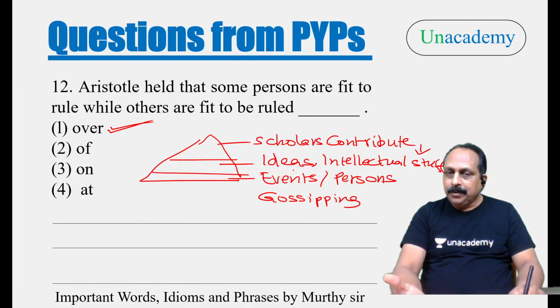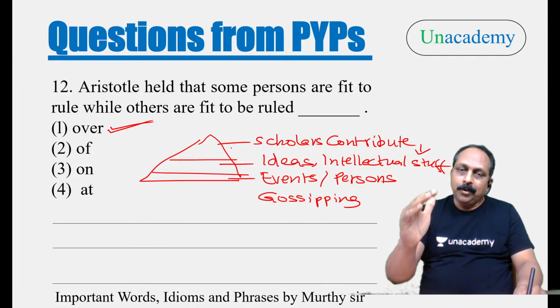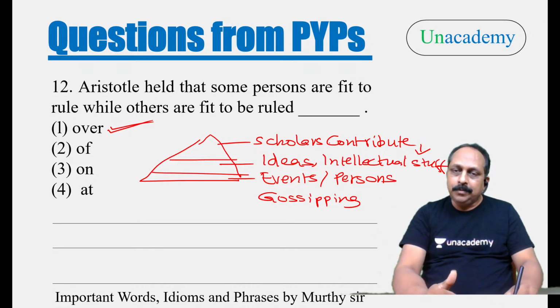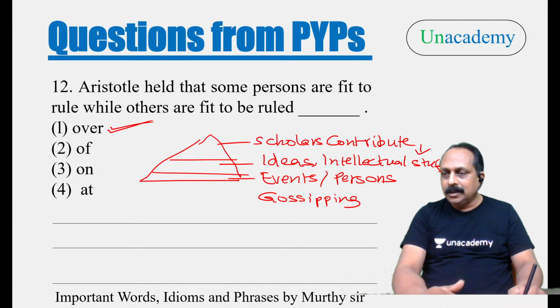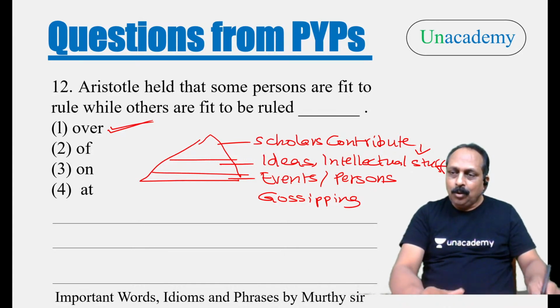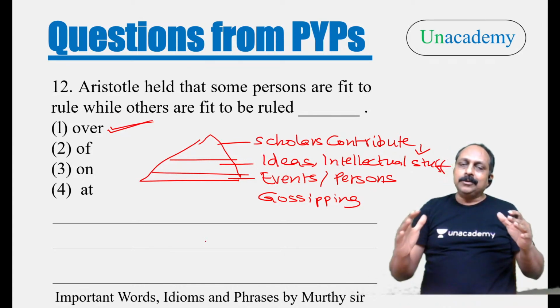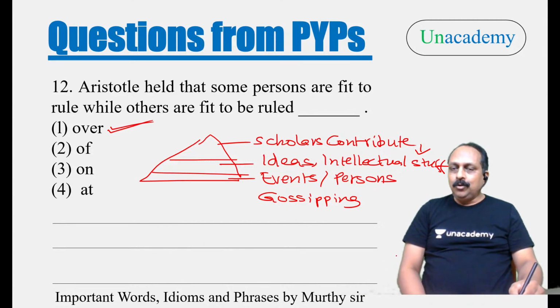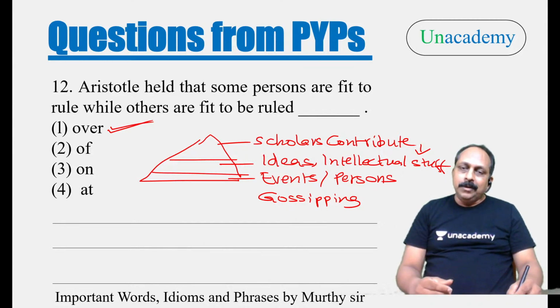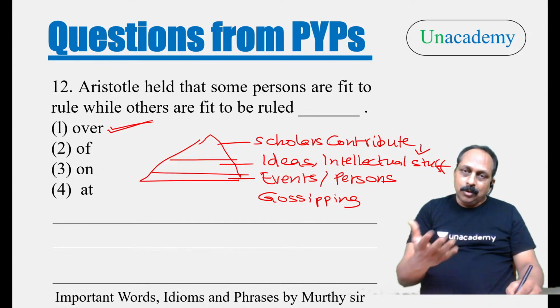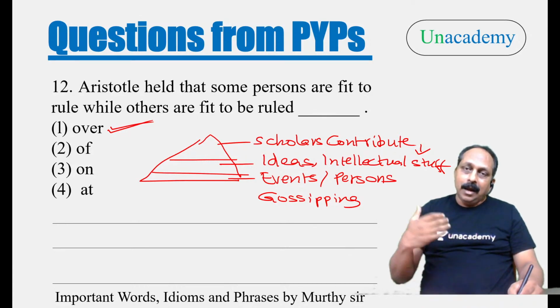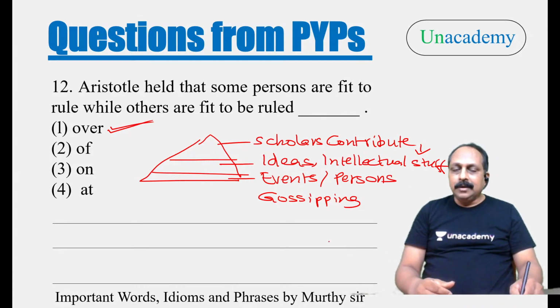They're knowledgeable people, they discuss ideas, intellectual stuff. But the top rung go one step above, they contribute to the society. Common people talk about persons or events. Today also it holds good. Today also, in society, we have three groups: those who talk about events and persons, those who talk about intellectual stuff, and those who contribute intellectual stuff. I hope you got it.